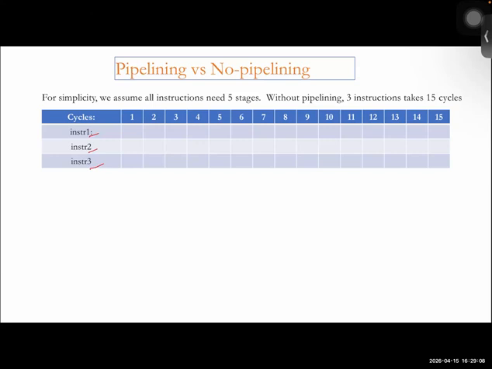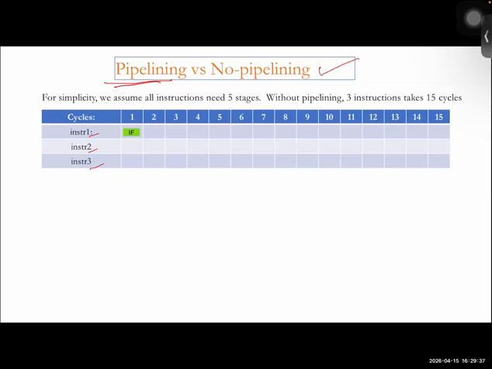And suppose the processor does not have a pipeline, just assume a non-pipelined processor. To execute these 3 instructions through the instruction execution stages, the first instruction starts executing. The execution stages are: instruction fetching stage.